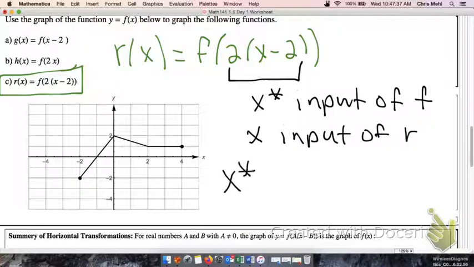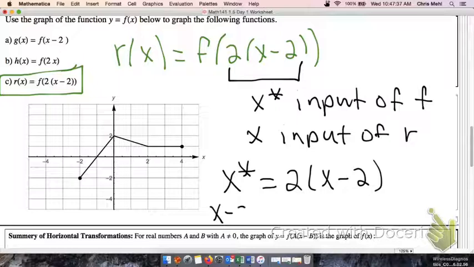And what we'll do is x star again is set equal to 2 times x minus 2. And then solving for x, you would first divide by 2. So x minus 2 is going to be x star divided by 2. And then finally, solving for x is going to give you x star over 2 plus 2.